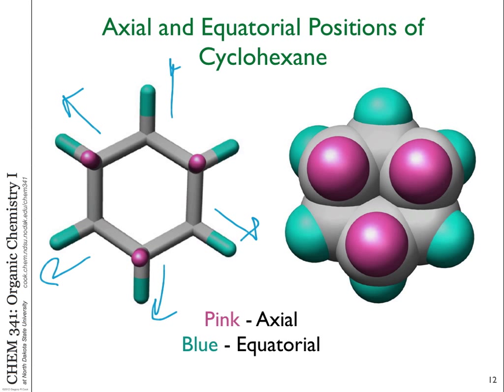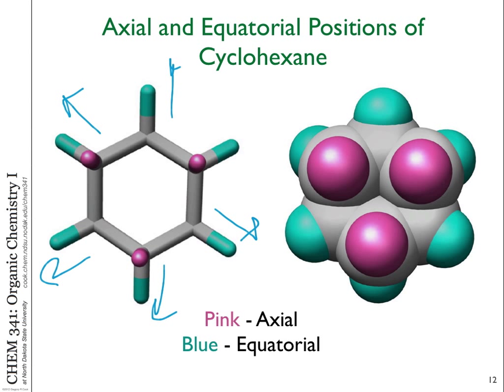The ones you can't see on the bottom of the ring, right, there's an equatorial hydrogen pointing straight down there. So equatorial on this carbon is up. If you go to the next carbon, the equatorial position is down. So if we're looking at a particular side of the ring, okay, up and down alternates.